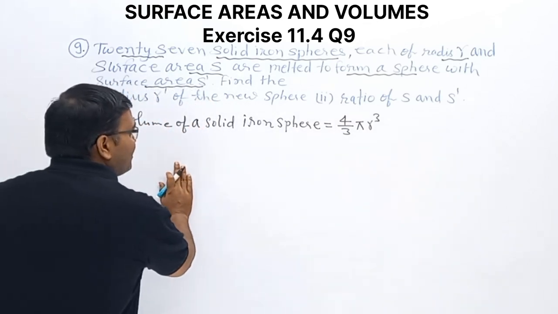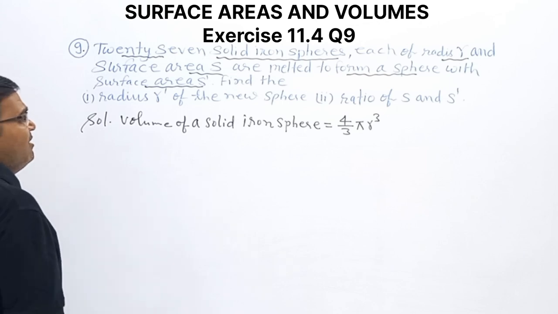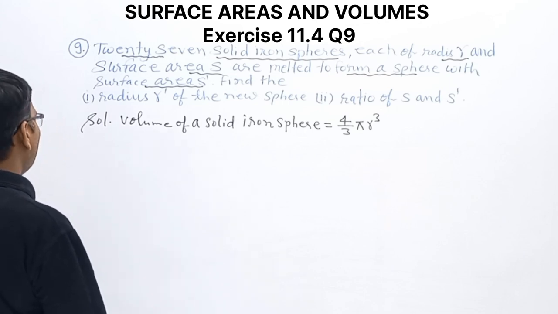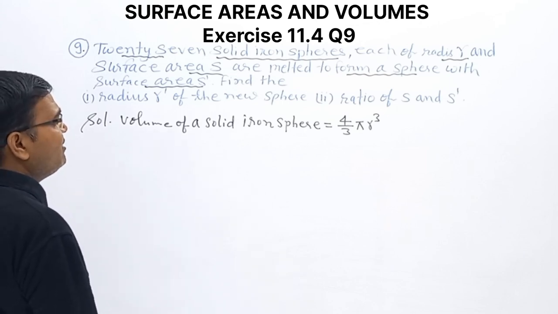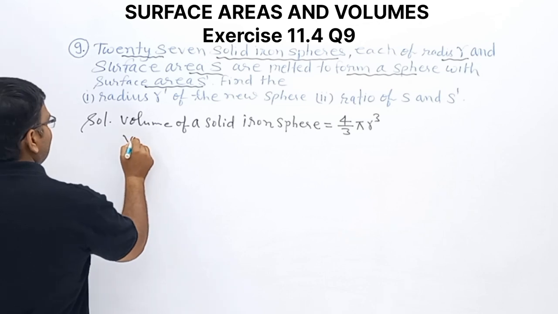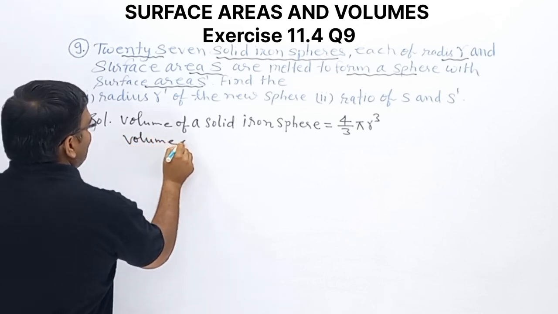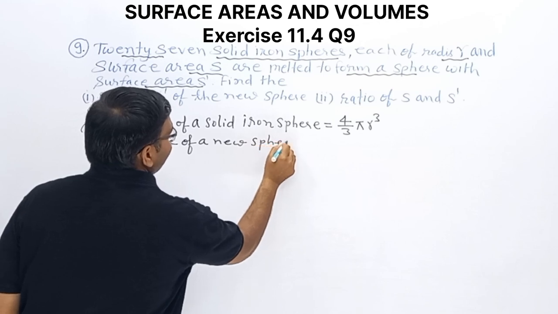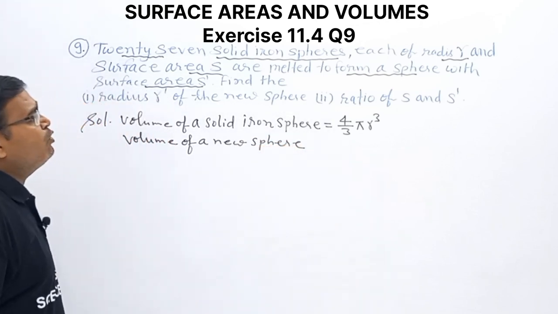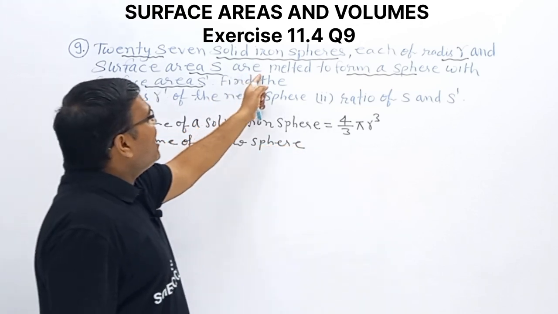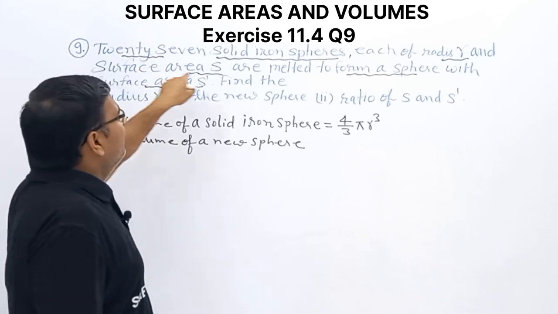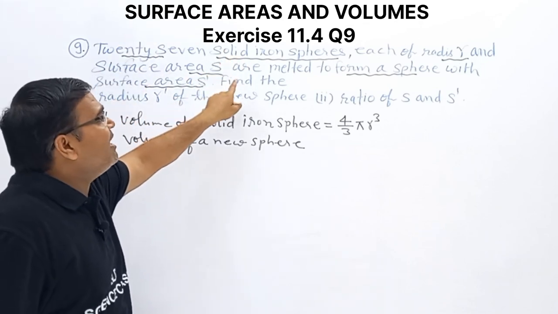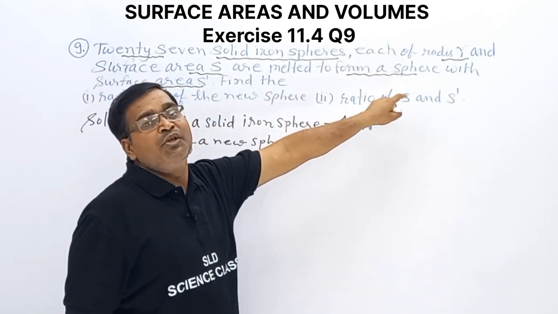So what we can say? Volume of a new sphere. How are we getting the new sphere? 27 solid iron spheres are melted to form a new sphere.